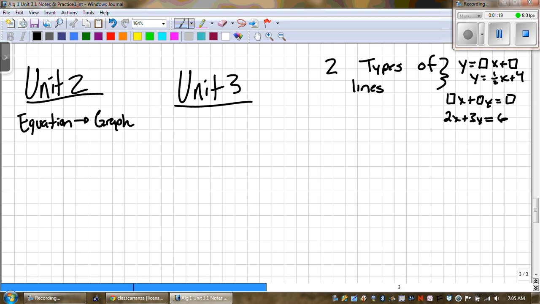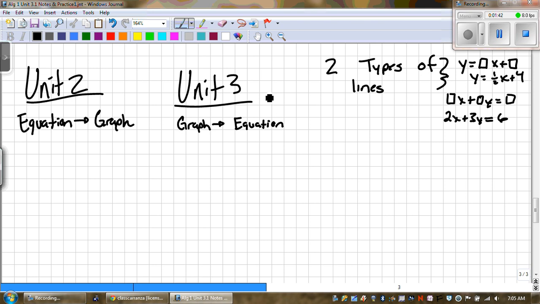Now, how that all comes together is Unit 3 is we're still working with the same sort of stuff except in a different order. Where in Unit 2 we were given an equation and then we had to graph. Now they're going to give us a graph and we're going to have to go into an equation.